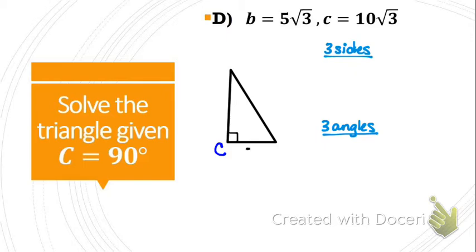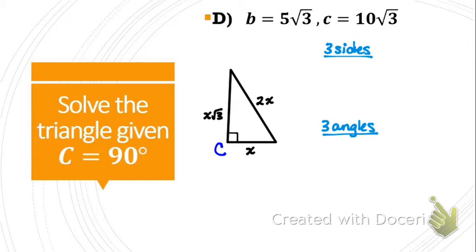So if I call the smaller leg x, then the hypotenuse would be 2x. That's absolutely correct. What's the relationship then with the long leg? Yeah, it's going to be the short leg times the square root of 3. So we would call this x square root of 3.